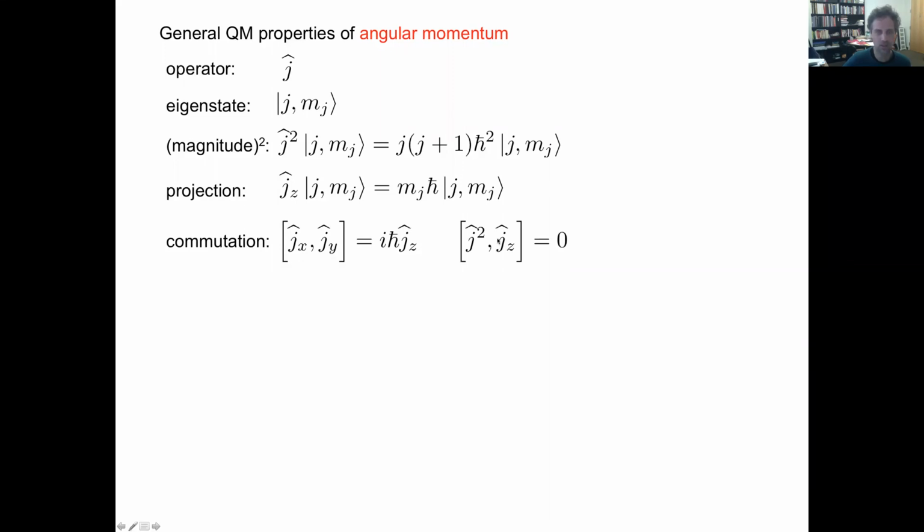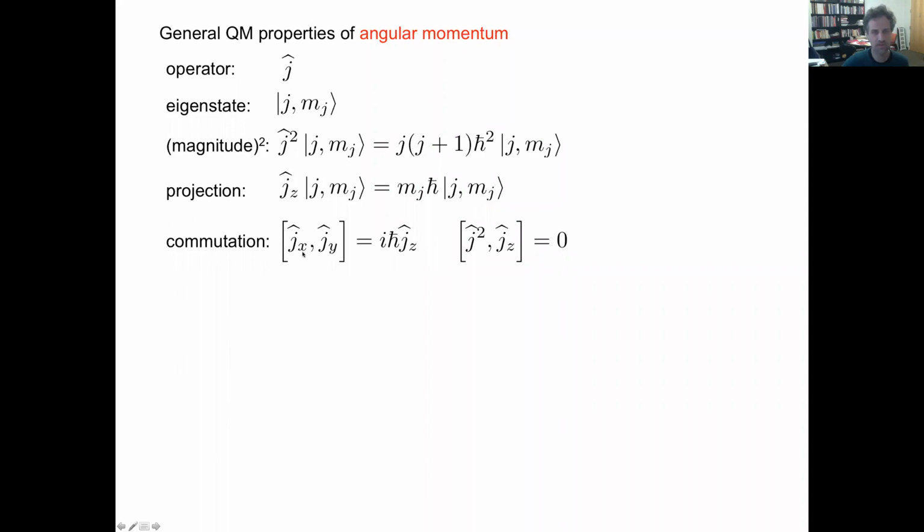But you can know something about the overall magnitude of the angular momentum and its projection, because those two operators commute. They have a commutation relation that produces 0. So I can know the projection and I can know the magnitude of the angular momentum. So this list here, these 5 statements, if you wish, are the definitions of what angular momentum is from a quantum mechanical point of view.